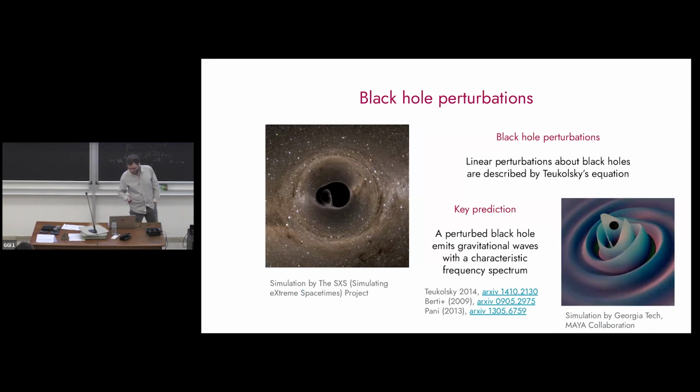And then when you perturb a black hole, another key prediction is that you can derive a master equation for the perturbations, which goes under the name of Teukolsky's equation. So if you perturb a black hole, you will emit a train of waves in the form of ringdown waveforms with characteristic frequency spectrum.